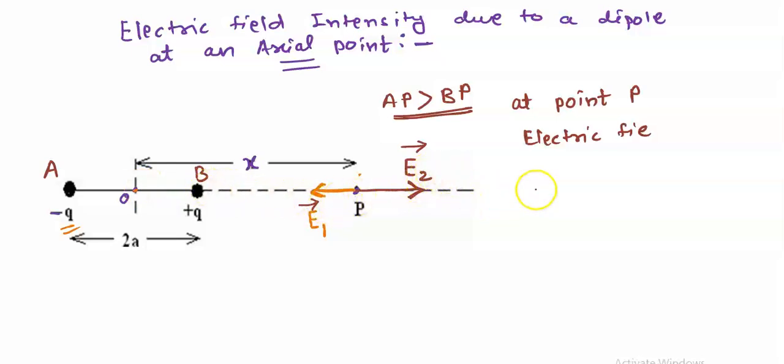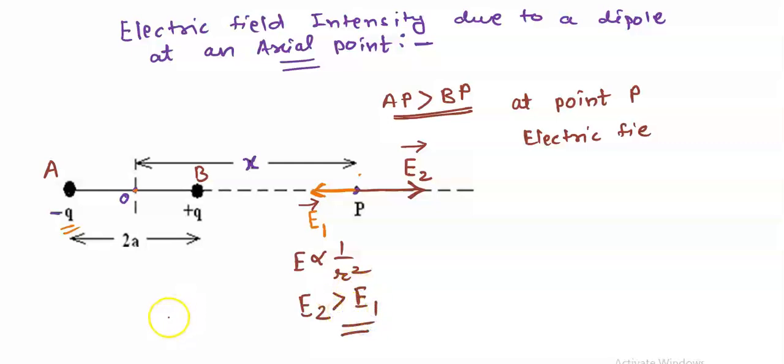So do remember that electric field intensity is inversely proportional to the square of the distance. When we are saying AP is greater than BP, then the intensity at this point P because of this minus Q charge will certainly be less as compared to the electric field intensity due to this plus Q charge. It means E2 is greater than E1.